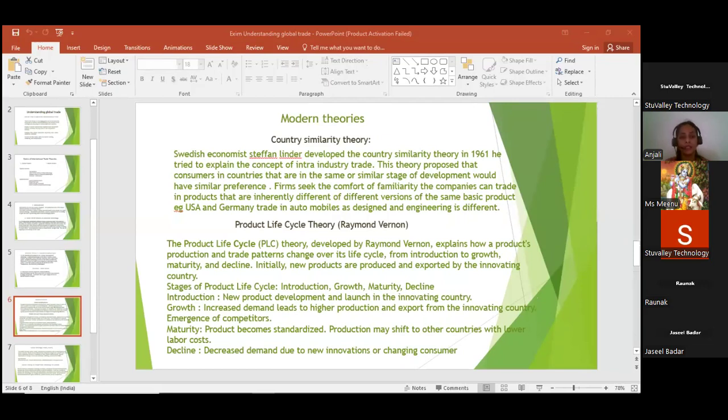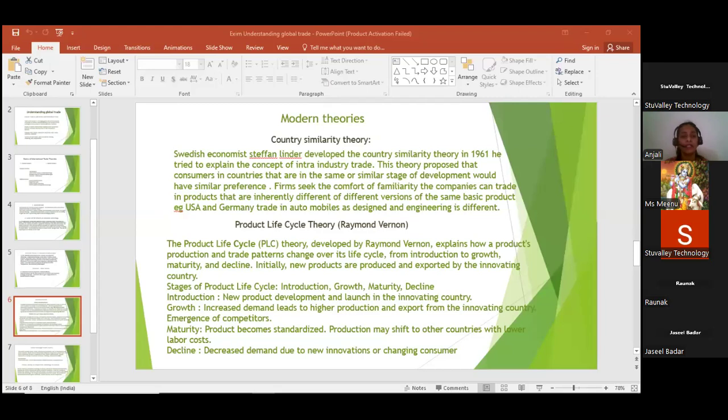The theory proposed that customers in countries at the same or similar stages of development would have similar preferences. Firms seek the comfort of familiarity, and companies can trade different versions of the same basic product. For example, the USA and Germany trade in automobiles whose design and engineering are different.